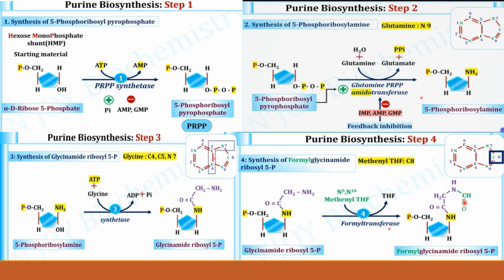CH double bond O is a formyl group, and N5,N10 methenyl tetrahydrofolate donates this formyl group to glycine amide ribosyl 5-phosphate, and the resulting compound is called formyl glycine amide ribosyl 5-phosphate, because here is an addition of formyl group.